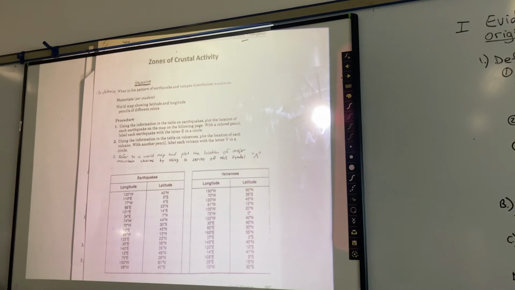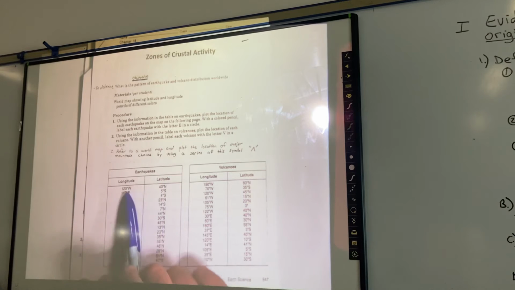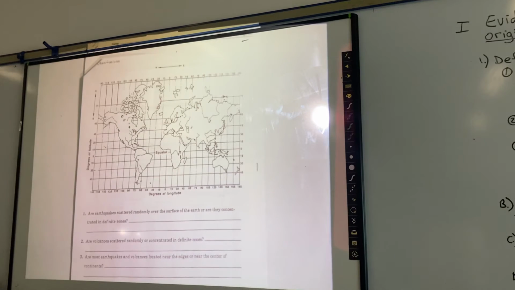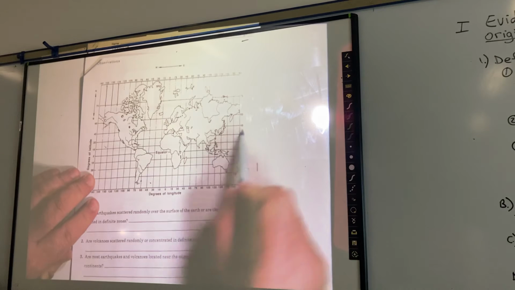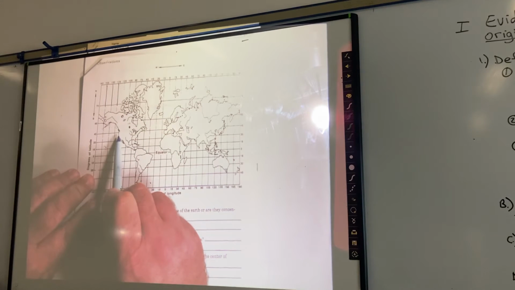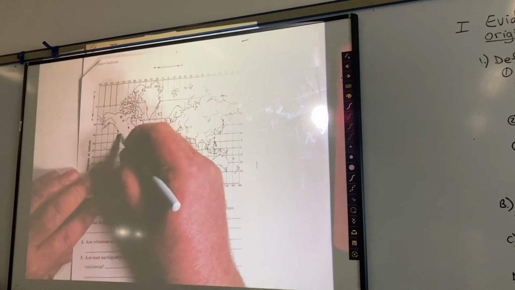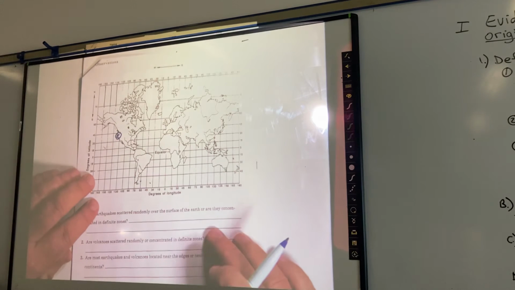So, for example, the first earthquake on here has a latitude of 40 north and a longitude of 120 west. On my map, 40 north would be right about there, 120 west is right about there. So that puts that earthquake right there. I'm going to label that with an E and circle it in one colored pencil.